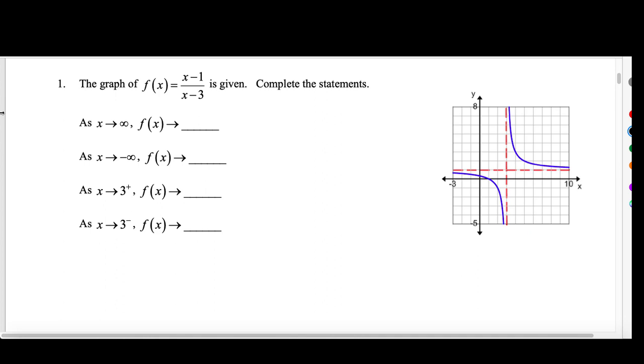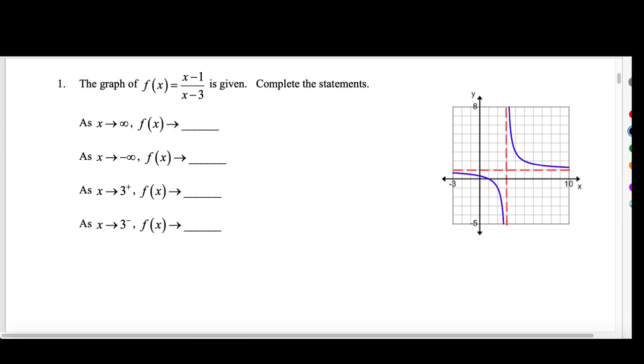So basically the function is approaching but never quite equaling a specific number. And then the horizontal dotted line is the horizontal asymptote. Similar behavior exists there, right? The graph gets closer and closer, but does not touch or cross that horizontal line.